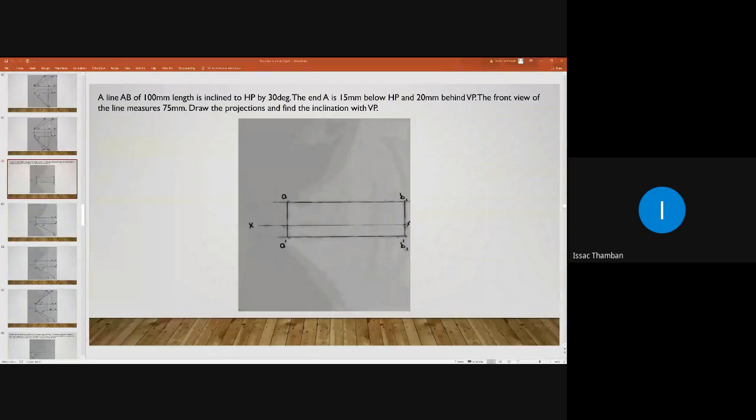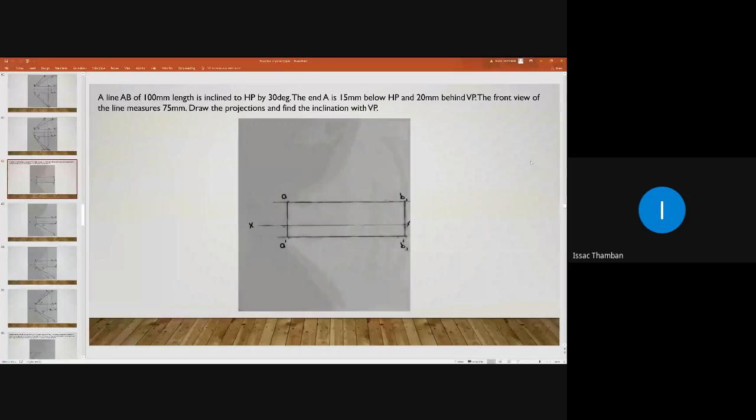Anashwara. Yes, sir. End A is located in which quadrant? Third quadrant. Ashwin Rajan. Yes, sir. Third quadrant. Okay. Here, end A is located in the third quadrant.